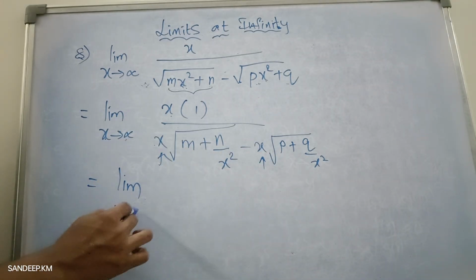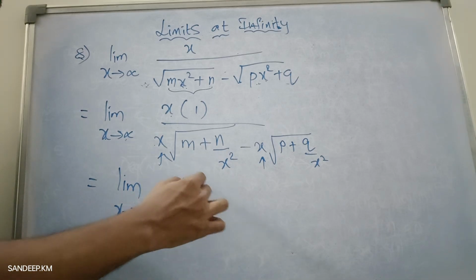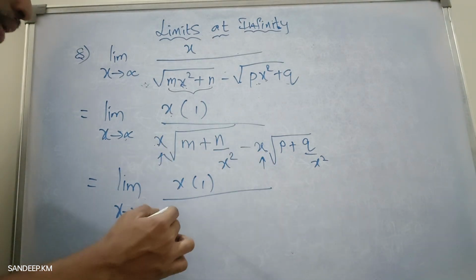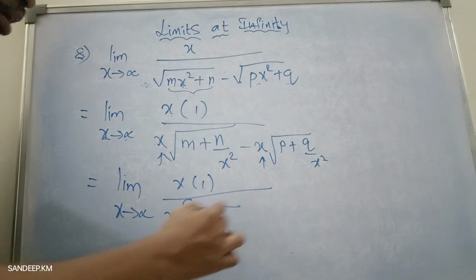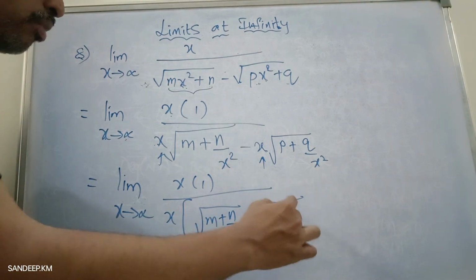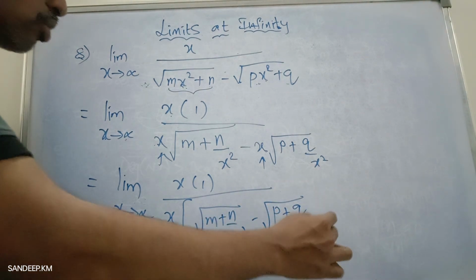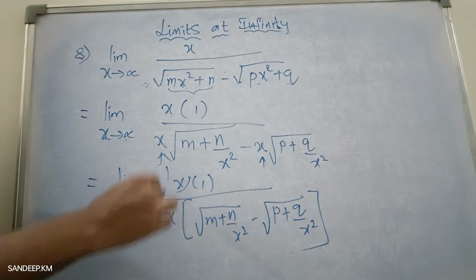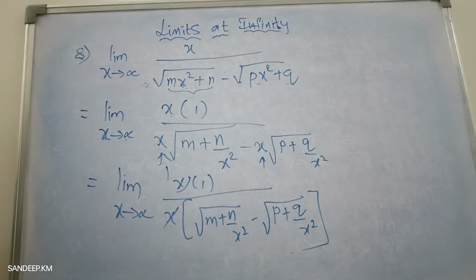Limit x approaches infinity, x into 1 divided by, when I take x common, x into under root m plus n by x square minus under root p plus q by x square. I took x common na, x on top and x on the bottom, so x and x get cancelled. Now when x approaches infinity, 1 by x approaches 0. 1 by x and all the powers of 1 by x approach 0 only, right?